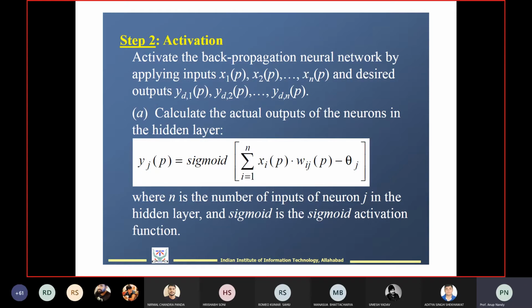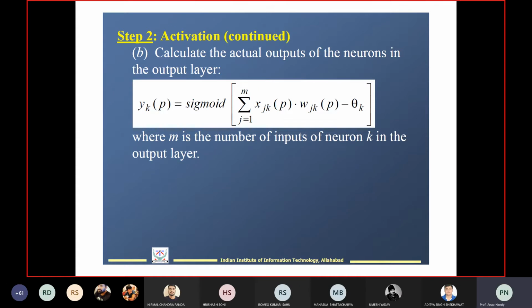Here n is the number of inputs of neuron j in the hidden layer, and sigmoid is the sigmoidal activation function.